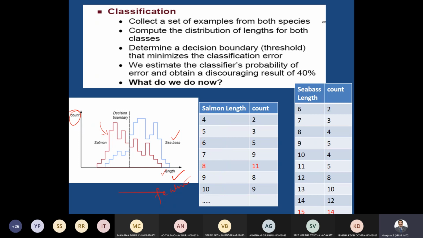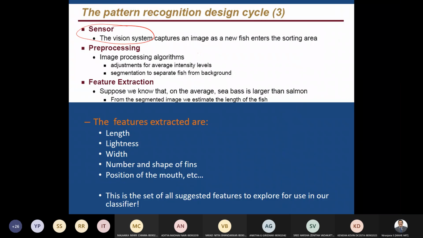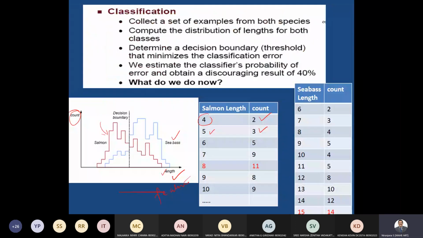So the samples having length of 4, there are 2. That is grouped here. And length 5 is grouped here. There are 3 samples having length 5. I have not given the training data set here. The training data set can also be shown, maybe having 50 or 100 data points, where for each fish you measure the length, right?